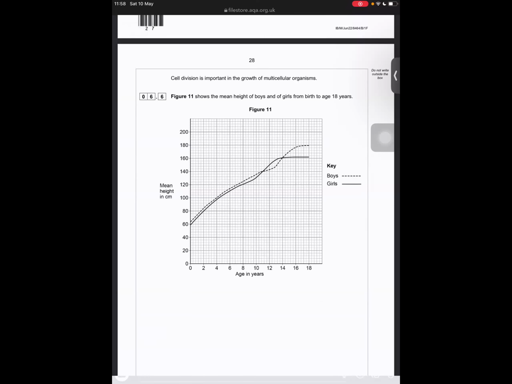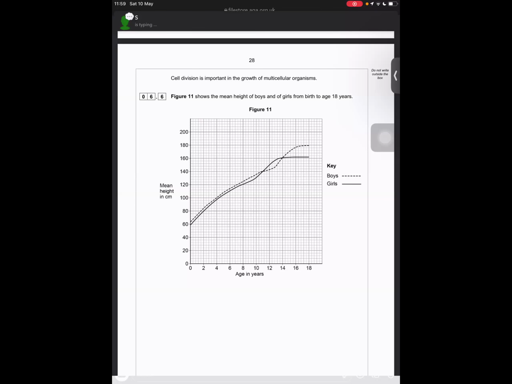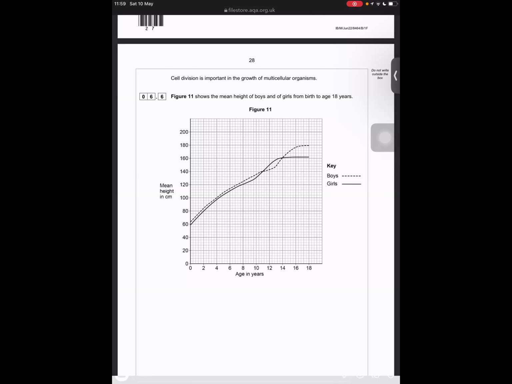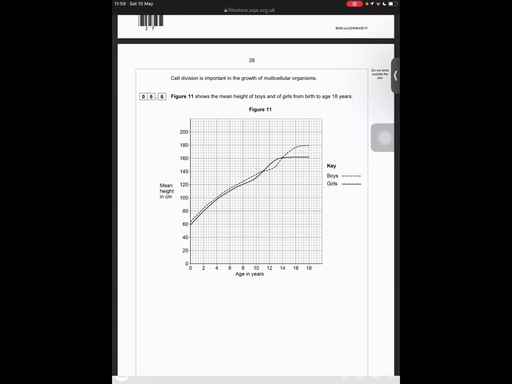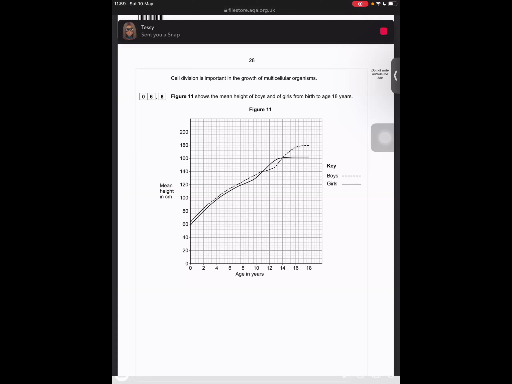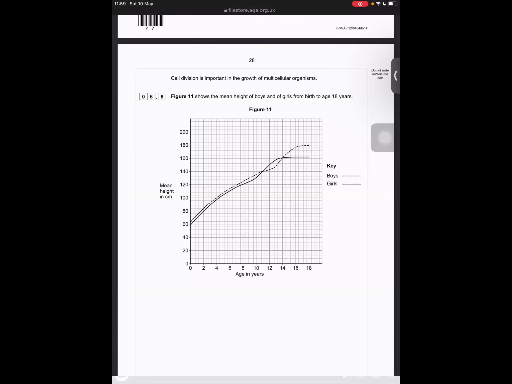All right. First of all, from 0 to 11 years of age, the mean height of girls and boys seems to be almost the same. We start noticing a change at the age of 12.